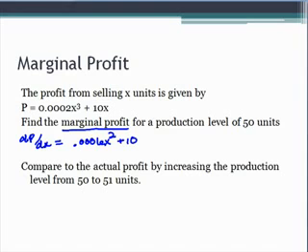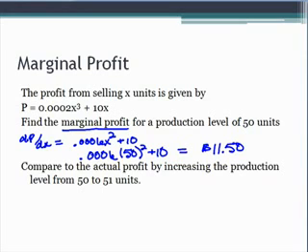So if I want to find what it is for a production level of 50 units, then into the marginal profit equation, we would substitute in a 50 for the x. So we would need 0.0006 times 50 squared plus 10. And when you simplify that, I believe you'll come up with $11.50 per unit. So that's cost per unit. So it always gives you a rate when you're looking for the derivative.